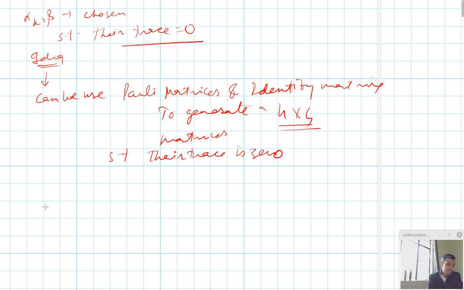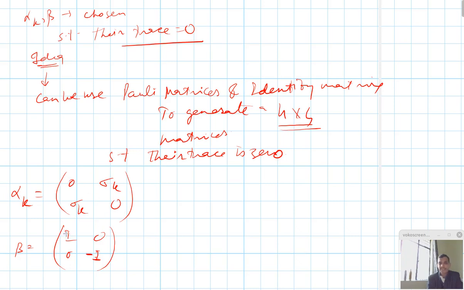So if we choose alpha k equal to 0 sigma k, sigma k 0, and beta as I 0, 0 minus I, with the negative sign, then if we take their trace, here the trace is automatically 0, and here it is identity and negative identity, so its trace also comes out to be 0. So let me express this again.